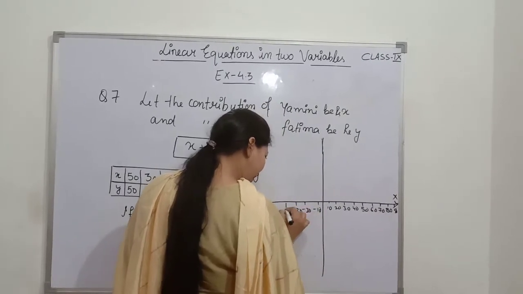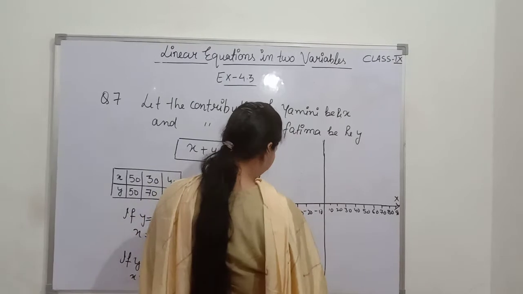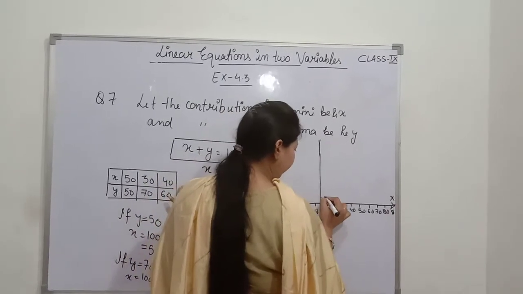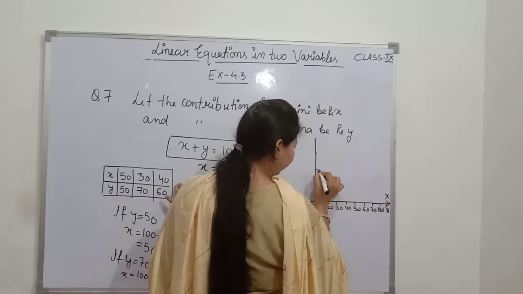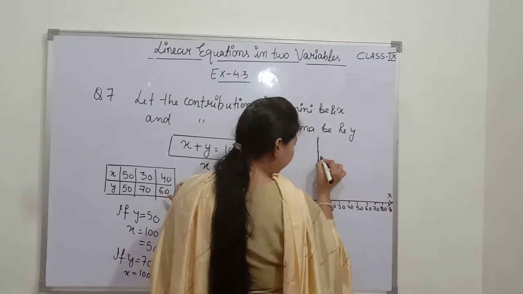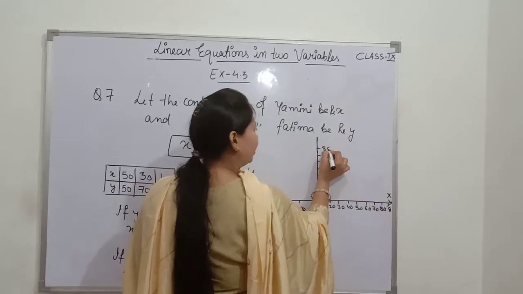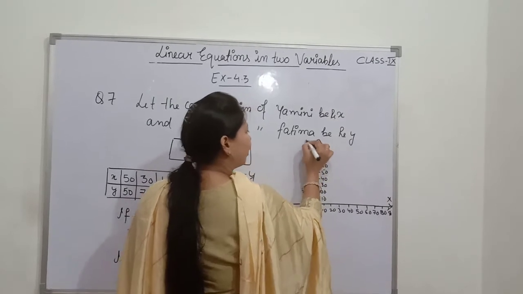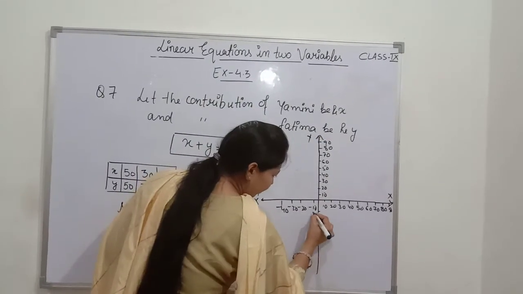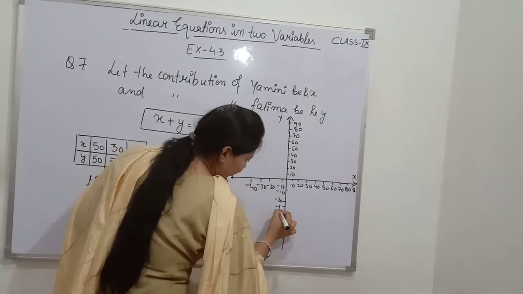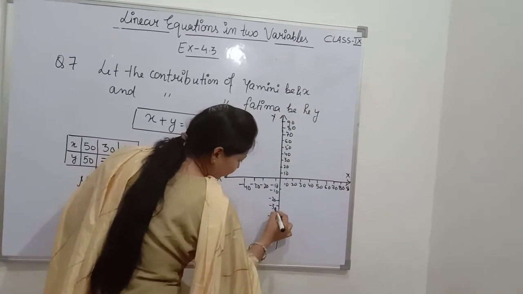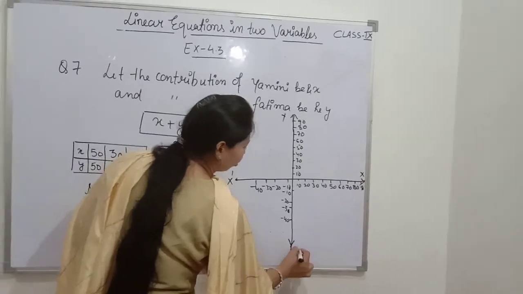We don't need the minus side, so we will leave it here. This is 10, 20, 30, 40, 50, 60, 70, 80 and 90. This is my y-axis. This is minus 10, minus 20, minus 30, minus 40 and so on. We don't need this also.